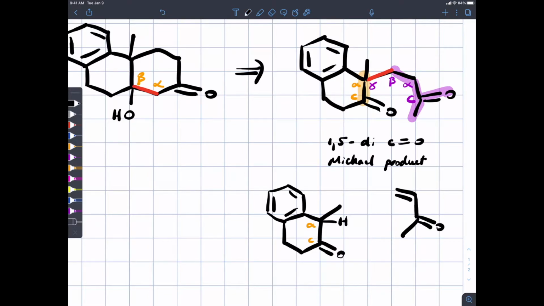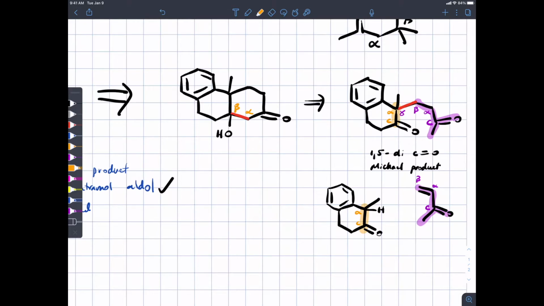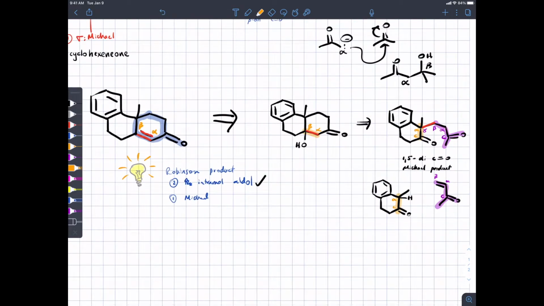We now know that this was the molecule that we did the Michael reaction with, that this was the enolate, and that after the Michael reaction we did the intramolecular aldol to make not only this sigma bond, but the pi bond.